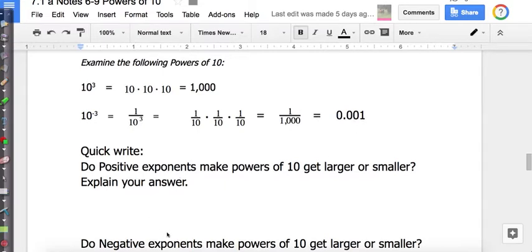So my question is, do positive exponents make powers of 10 get larger or smaller? Explain your answer. So hopefully you were thinking larger.